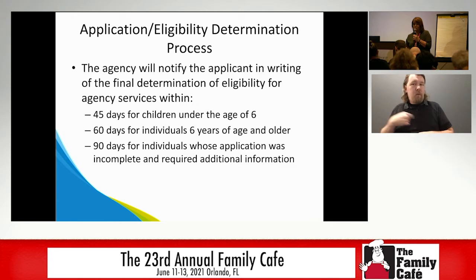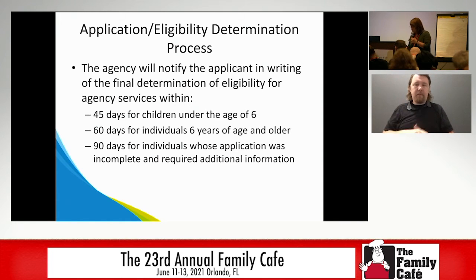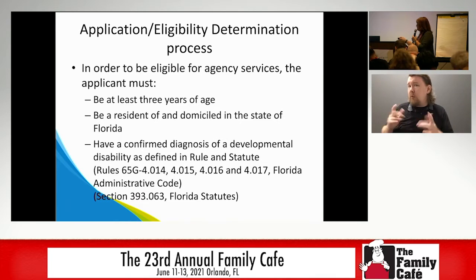So if you keep track of when you submitted an application and when it was received at the regional office, you can pretty much tell when you should start hearing back from the regional office. And if you haven't heard from them, that's a good cue for you to call and find out what may be going on.